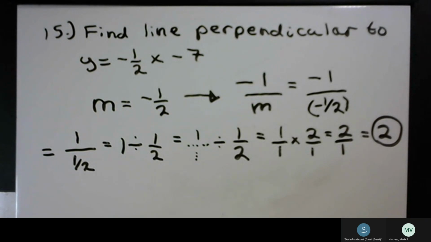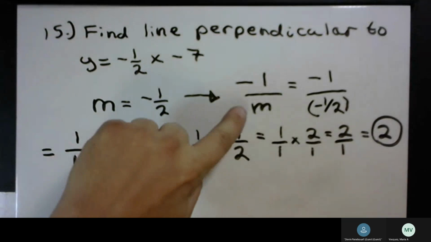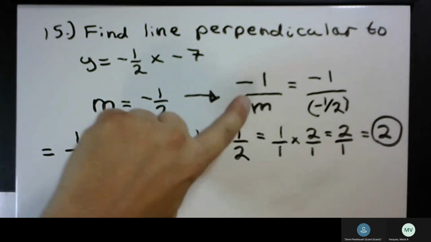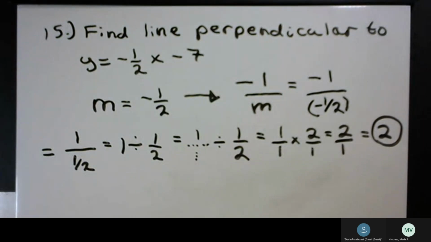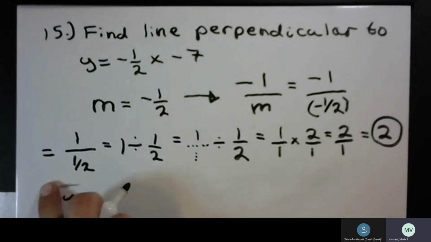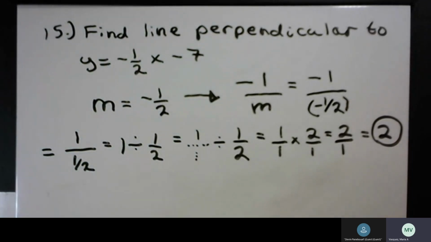But the formula for the perpendicular slope, it's whatever the slope is, you're going to take -1 divided by whatever the slope of the original line is. Now again, that's just the slope. The actual line, it's... So, okay, just how you said, so the -1 over m, that's the formula for the perpendicular line? Correct. It's the formula for the perpendicular slope.